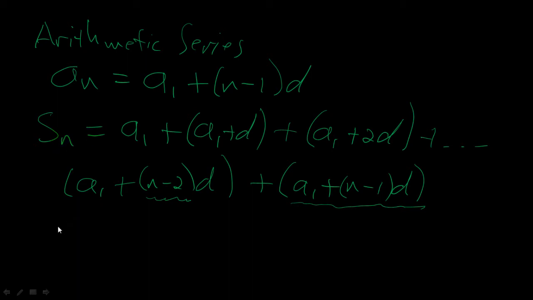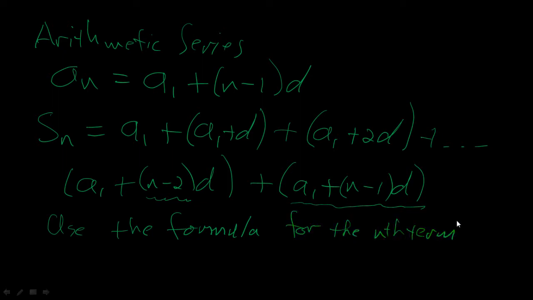Now, furthermore, we can use the formula for the nth term. The formula for the nth term is given by an is equal to a1 plus n minus 1 times d.